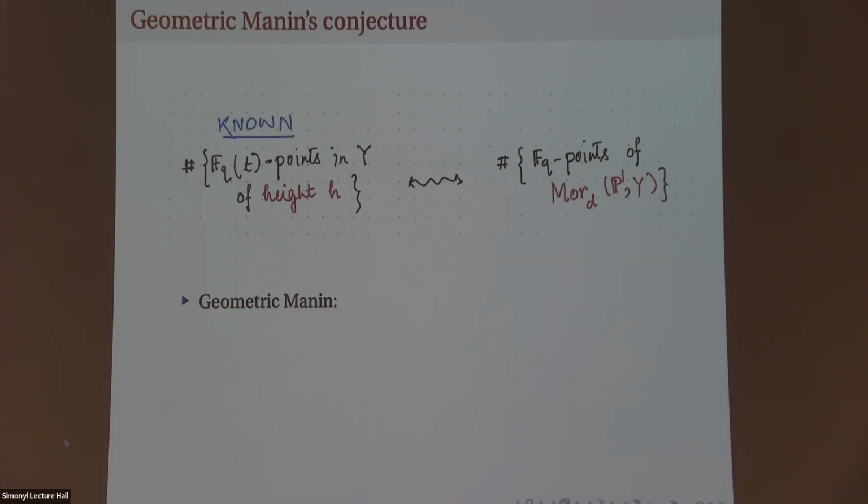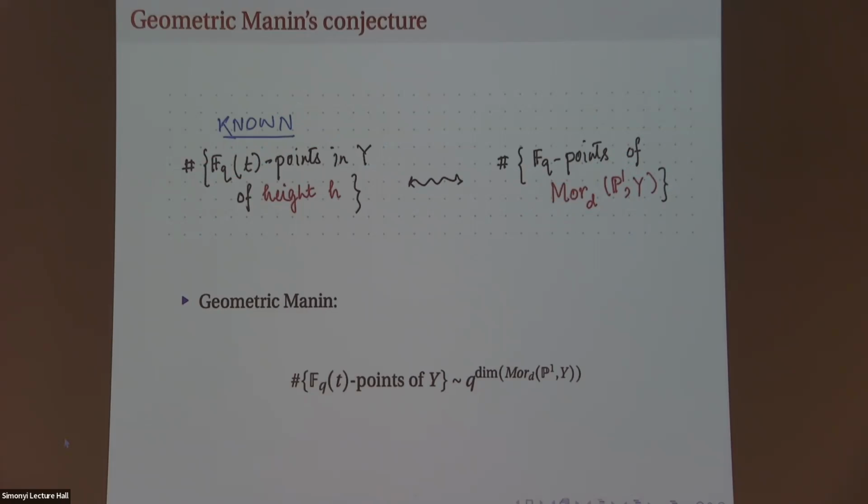Okay, so this brings us to another related conjecture, the geometric Manin's conjecture. I'll just state the version that's going to be useful for us. So over F_q(t), a global function field, points in Y of height h have to do with the F_q points of this mapping space.